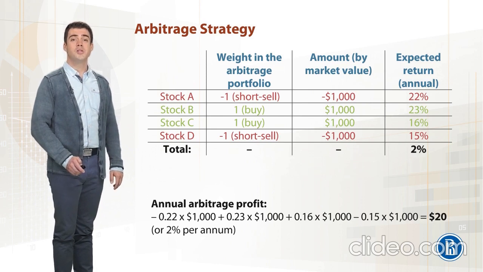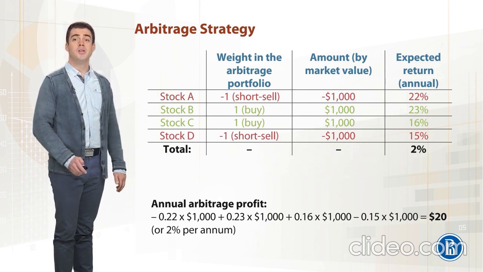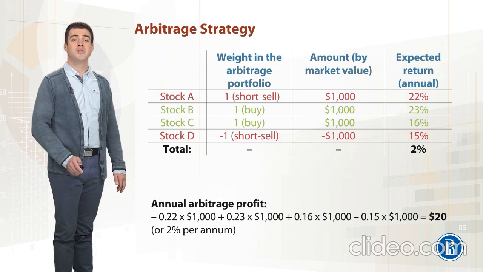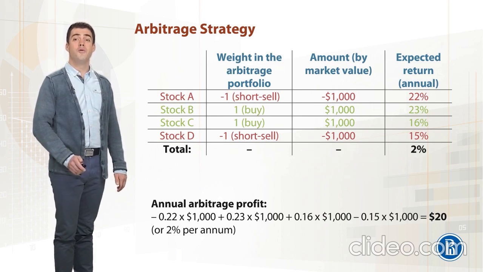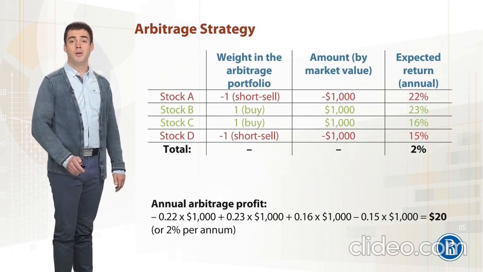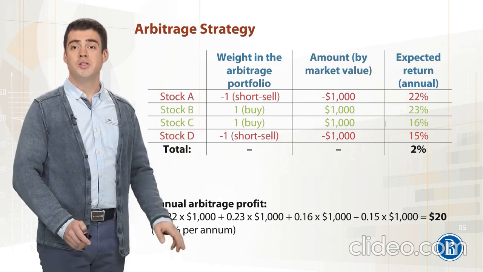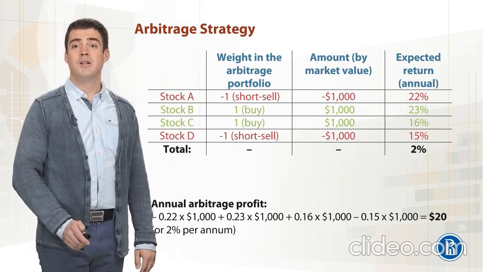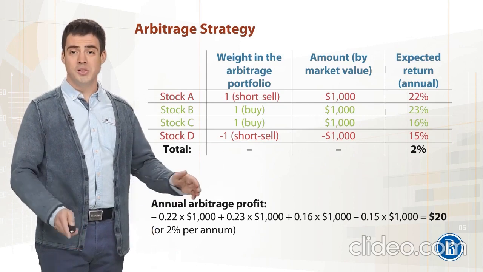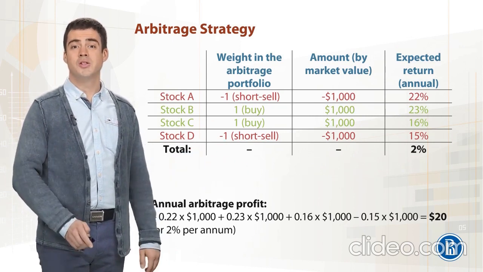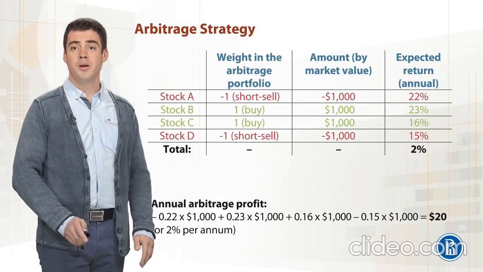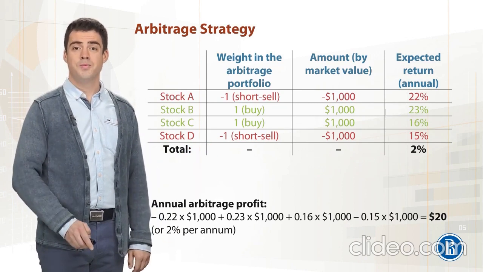Or in other words, this arbitrage strategy is likely to provide us the return of 2% per annum. But potentially, this strategy can make us unlimited return if we increase the amount of trading stocks A, B, C, and D to higher volumes.